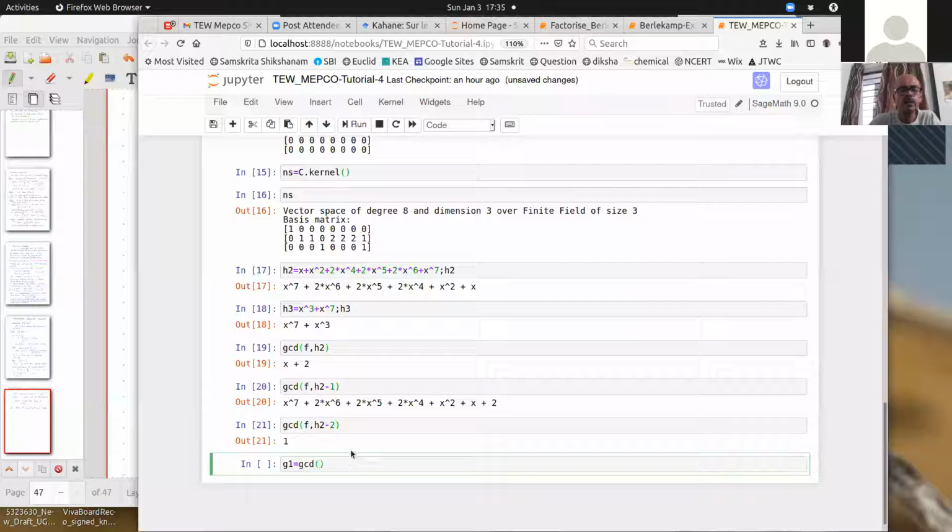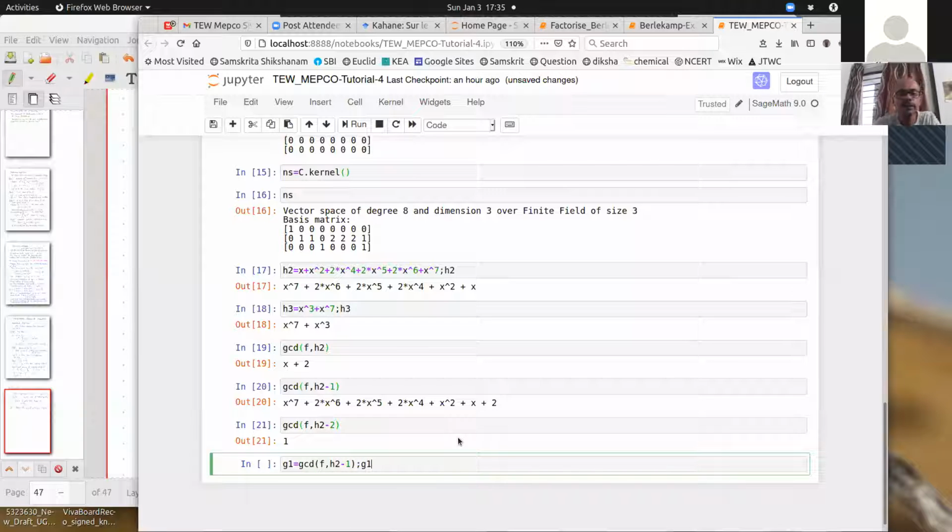Now we don't have to work with f. We have already separated a non-trivial factor of f. So f is now the product of this and this, and also a third GCD, but that is just 1. This being irreducible, we just have to bother about factoring the second factor, and let's give it a new name: GCD of f comma h2 minus 1.